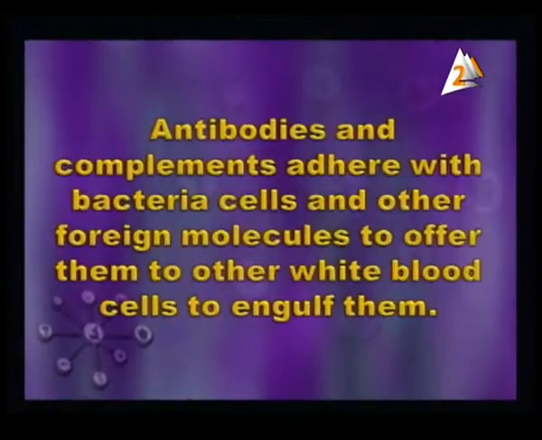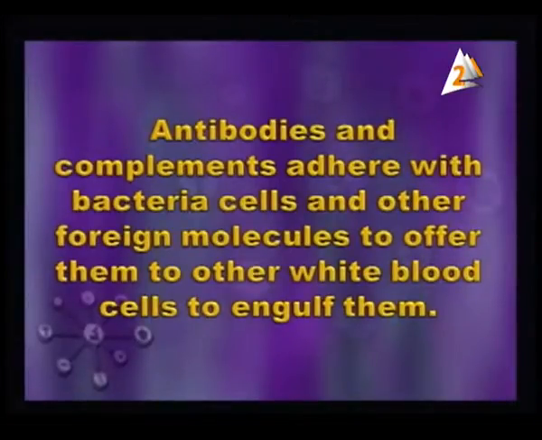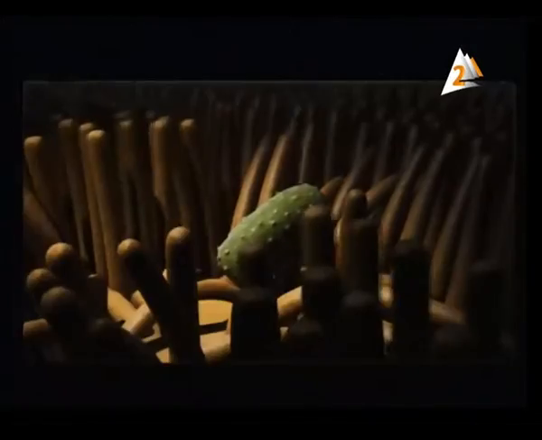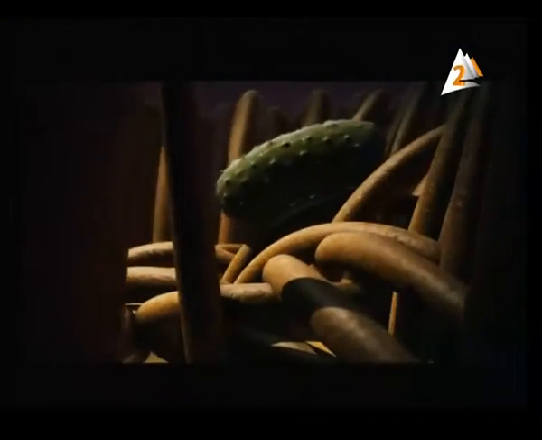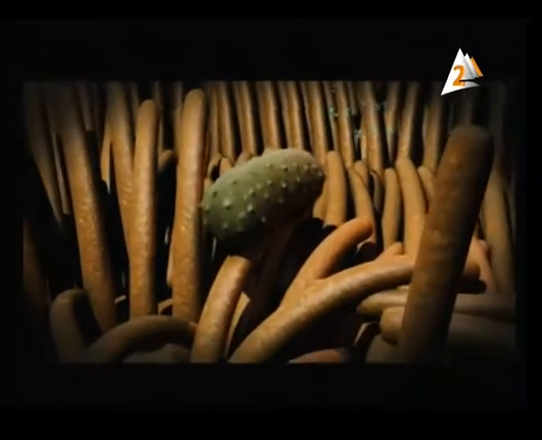A very important function: antibodies and the complements adhere to bacterial cells and other foreign molecules to offer them to other white blood cells to engulf them. Let's look at this film. Look here, the bacteria enter the body, and there are antibodies with their recognizable Y shape.